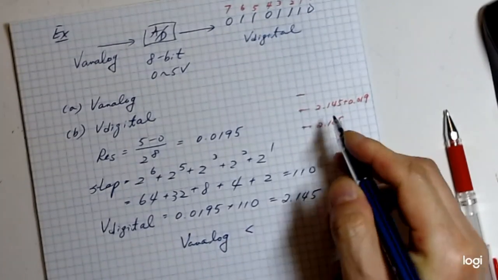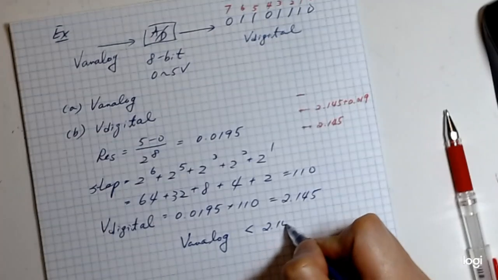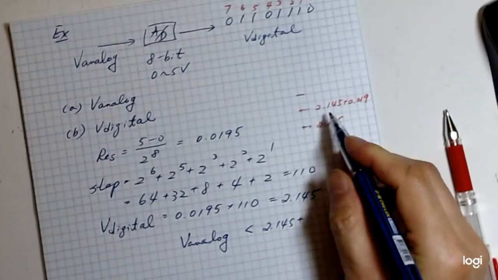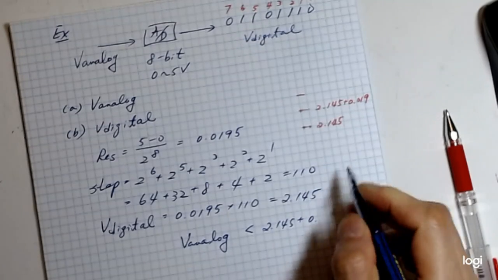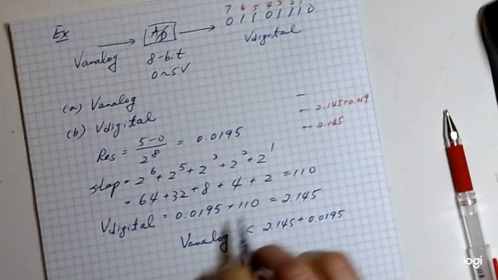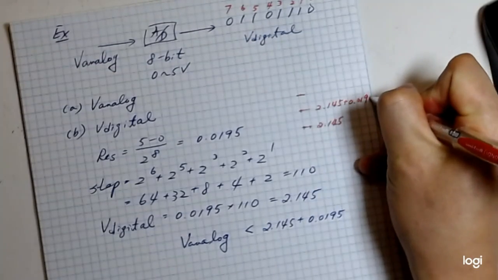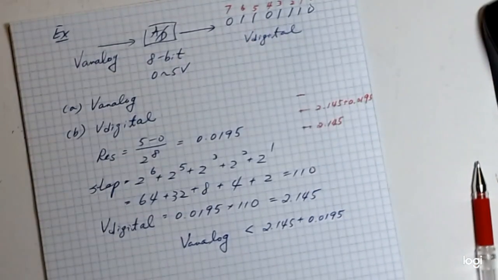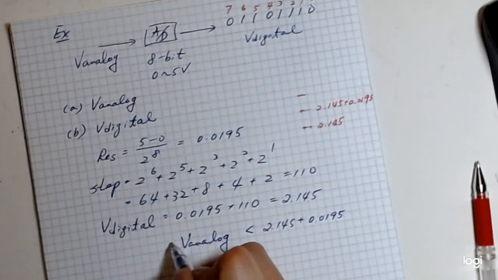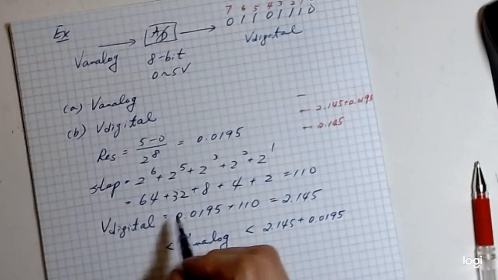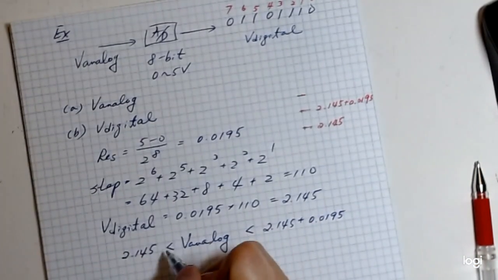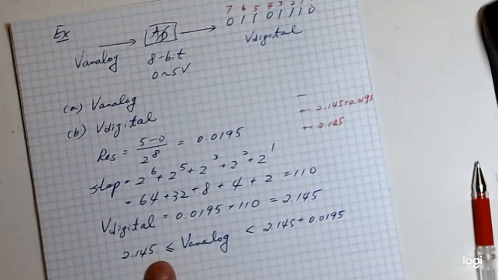So analog voltage should be smaller than 2.145 plus a resolution, 0.0195. And also here's 2.145. And if it's equal, you will still reach that point. So equal and smaller.